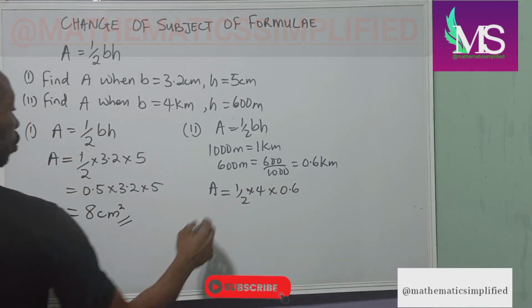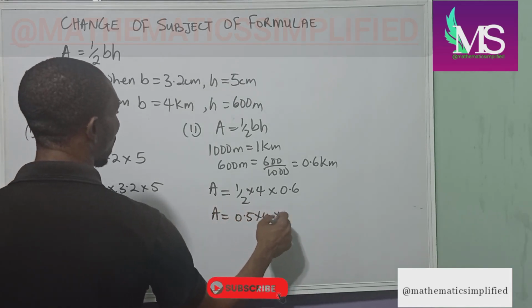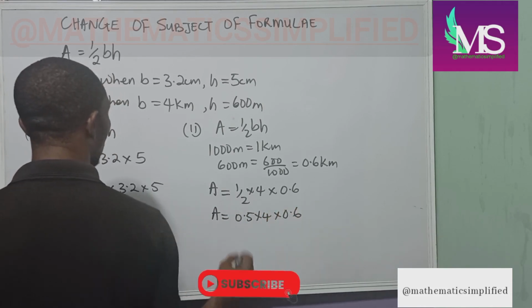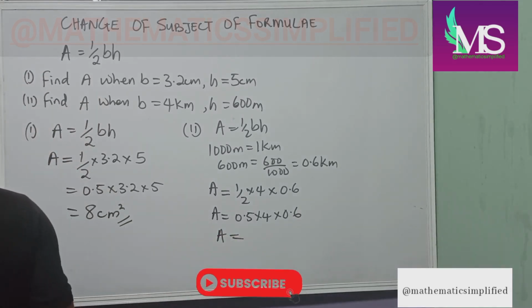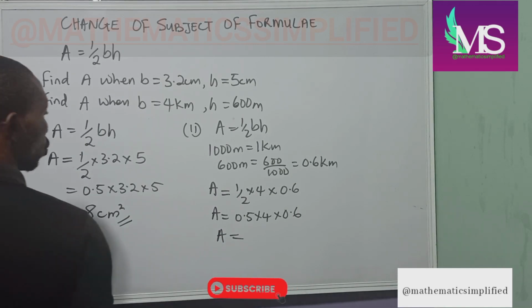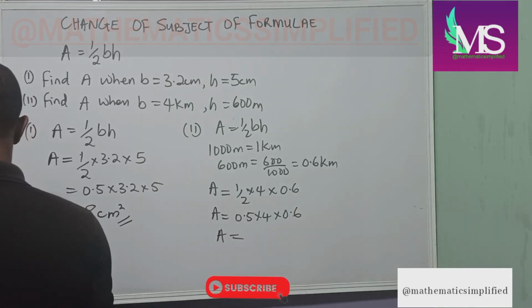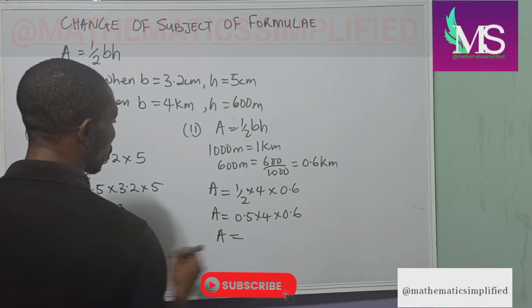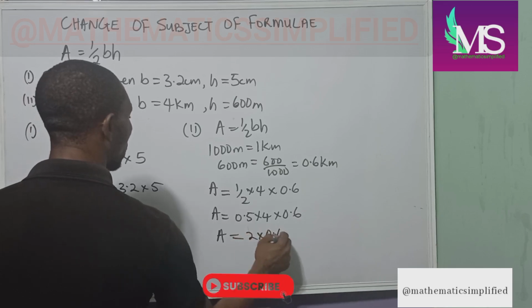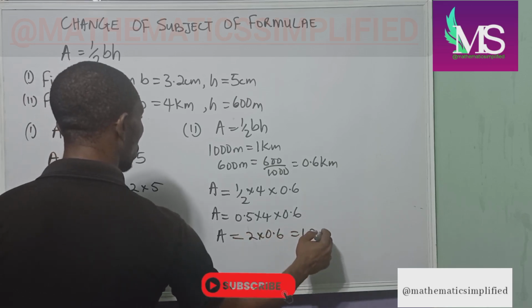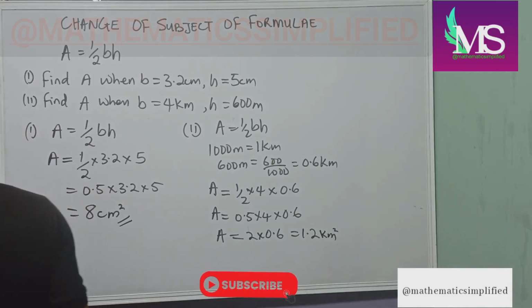So our area here will become 0.5 times 4 times 0.6, which gives us 2 times 0.6, which is 1.2 kilometer square as our area.